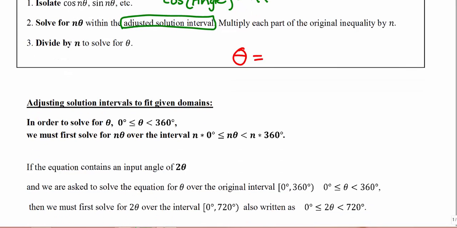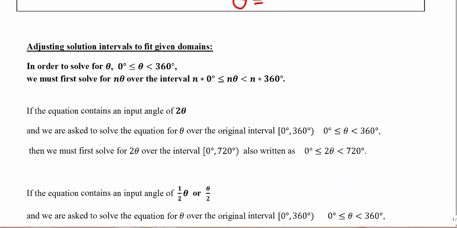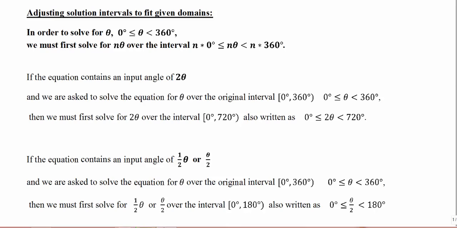So what does it mean to adjust solution intervals? Well, in order to solve for the angle theta, we're usually given a particular interval that we want our answers for theta to be within. So let's say that we are asked to eventually solve for that unknown angle theta between 0 and 360 degrees, with less than or equal to on one side and less than on the other.